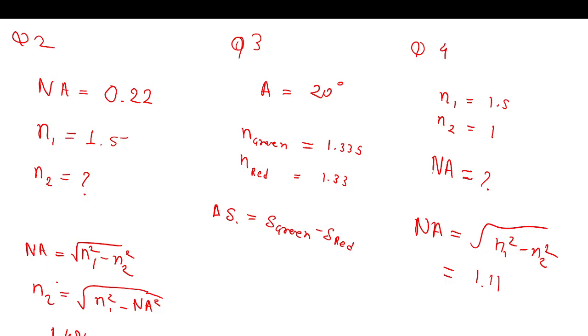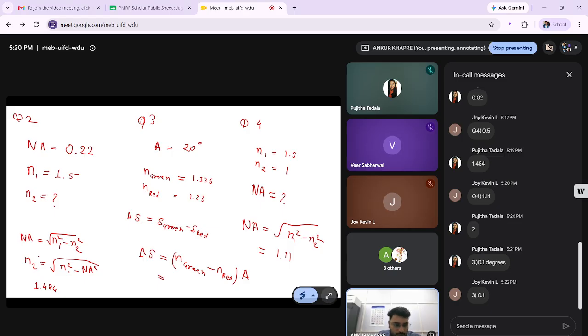Which is n green minus n red. How much is coming? 0.1.